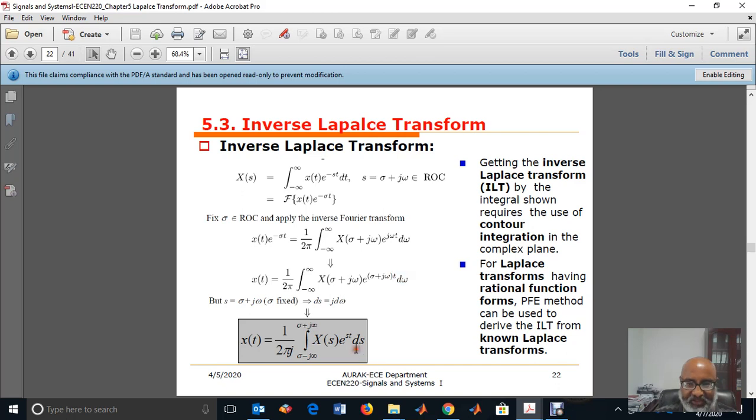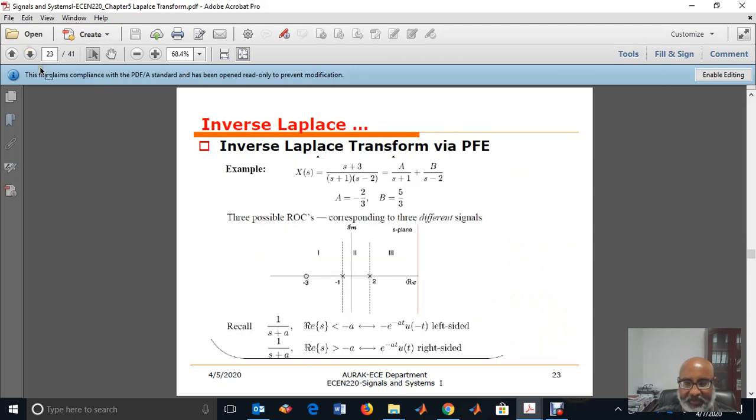This integration we call contour integration. It's complicated. It may not be easy. So instead, in this course, we will study how to get the inverse Laplace transform using partial fraction expansion. The partial fraction expansion is the one we explained before.